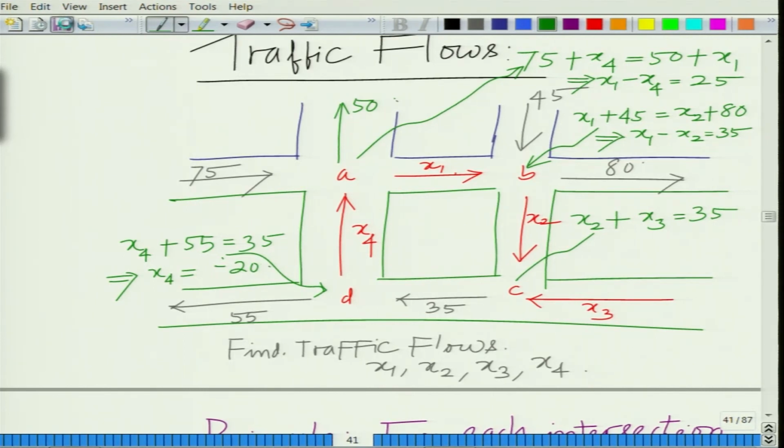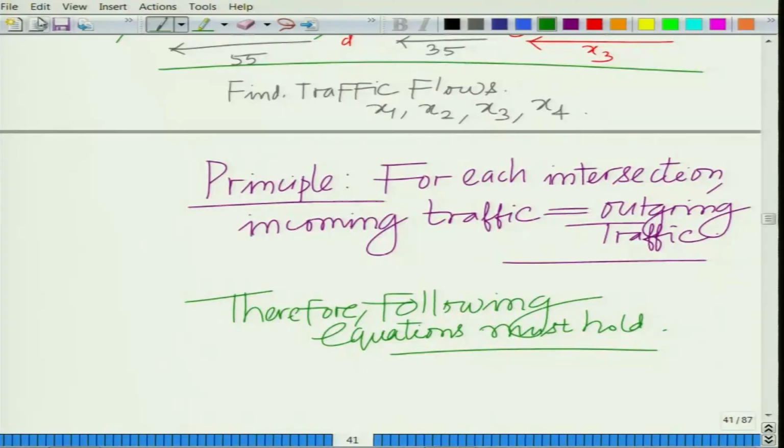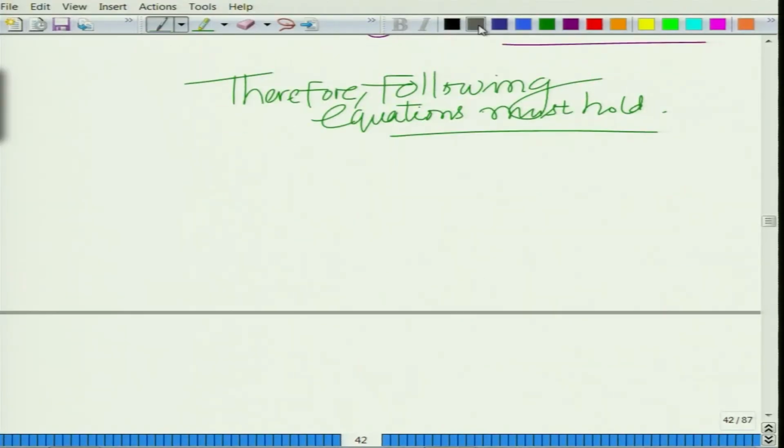All right. So, using this principle at each of the 4 intersections, we have been able to find the system of equations. Now, all we have to do is write the system of equations in the form of a matrix, and then you can use the solution of the system of linear equations to solve this traffic flow problem. All right. So, essentially we are going to write the 4 equations.